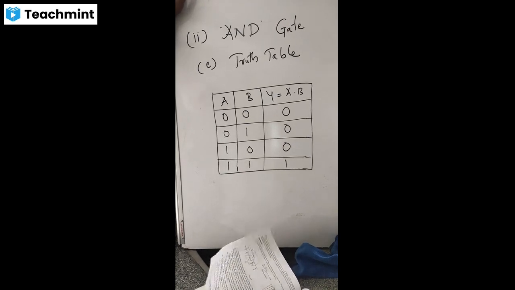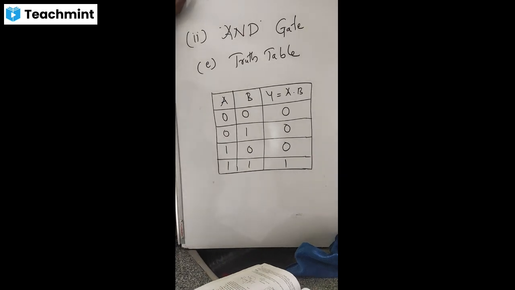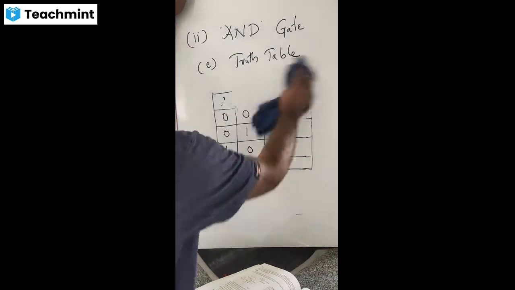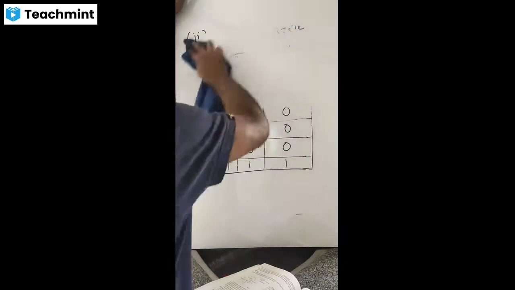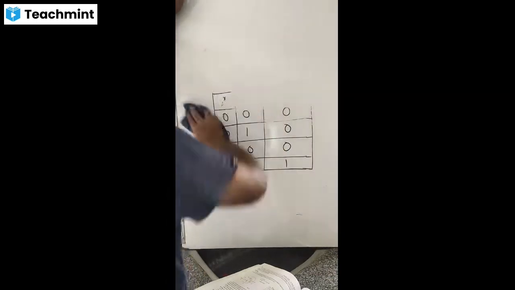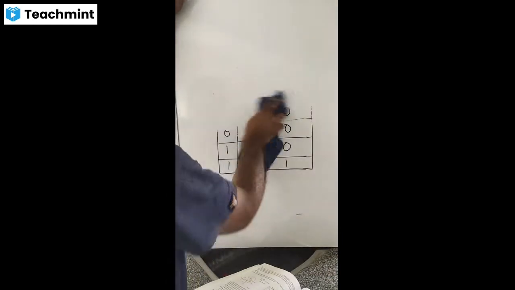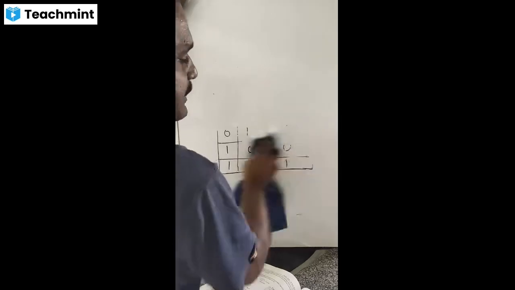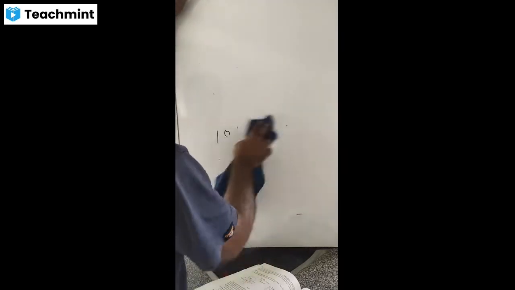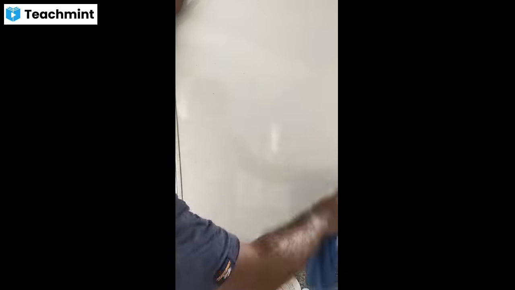So now another basic gate, not the last one. Another basic gate is NOT gate. See how interesting names are there. NOT gate. NOT means negation. Whatever input you are going to give, the output will be the opposite of that. That's why we say NOT gate.